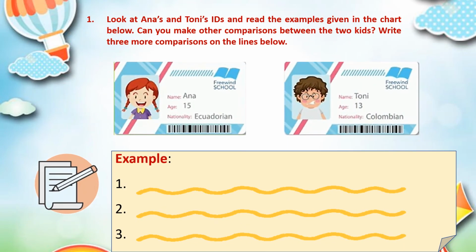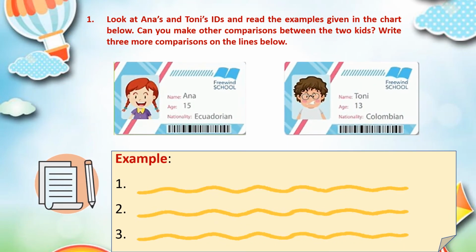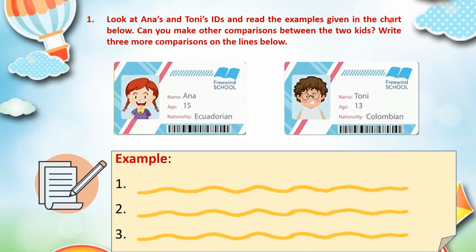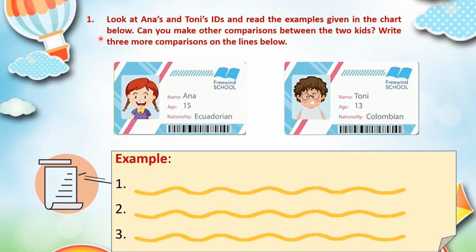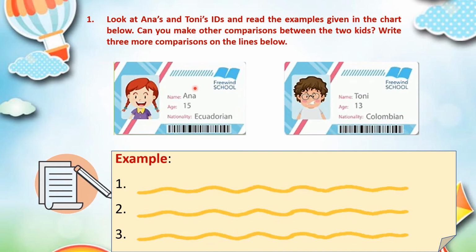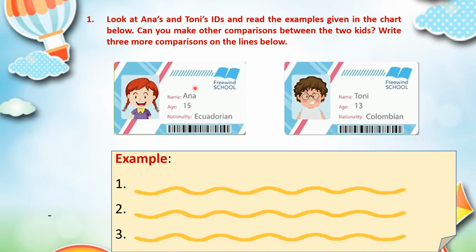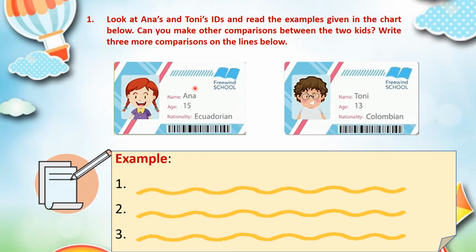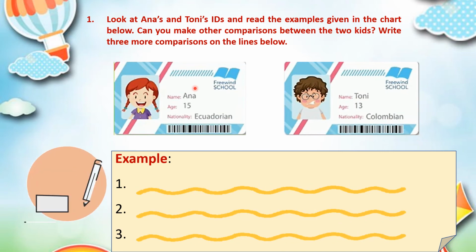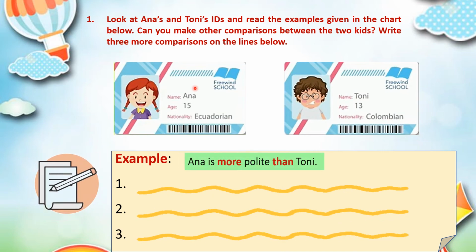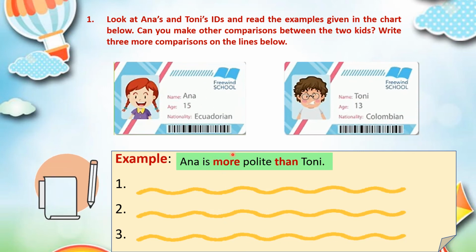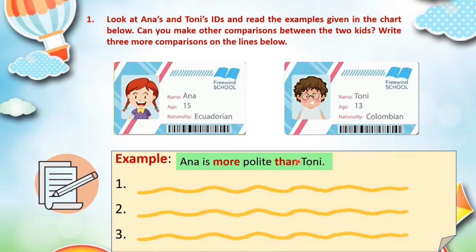To complete the first activity, we're going to make comparisons between these two kids, Anna and Tony. We're going to write 3 more comparisons on the lines below, 3 sentences. Okay? You can use the grammar rules for comparative statements that I taught you. For example, say, Anna is more polite than Tony.